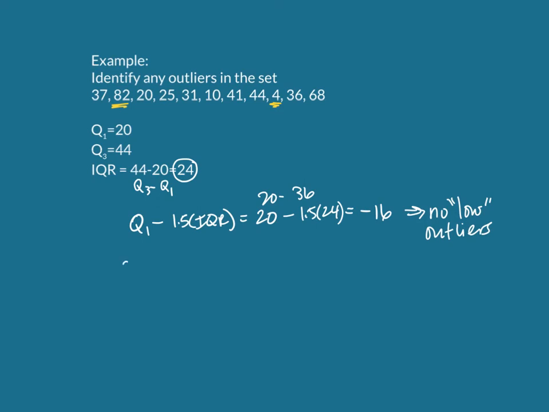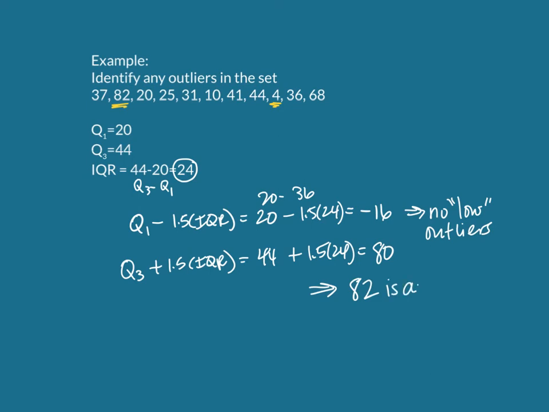So now let's check the other end. Q3 plus 1.5 times the IQR is going to be 44 plus 1.5 times 24. And for that number, we get 80. And yes, in fact, 82 is an outlier.